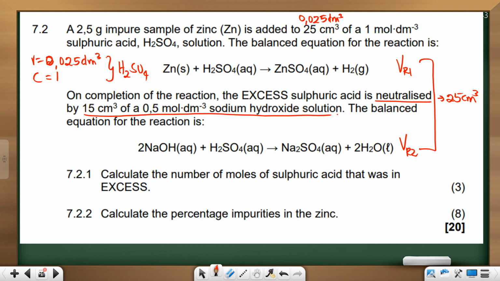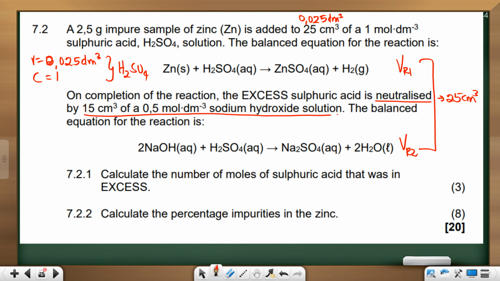Are we good? Volume of R1 plus the volume of R2 is 25. But it's not half-half. We just know that both of them would give us 25.